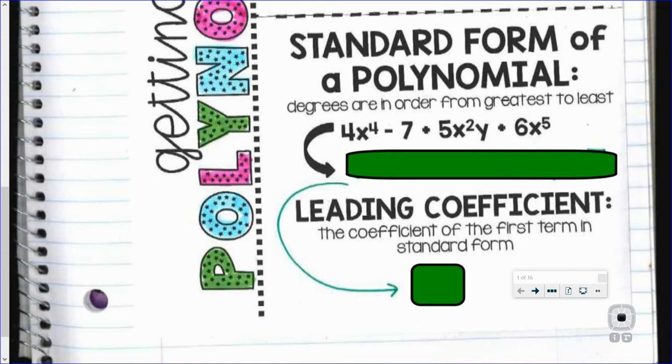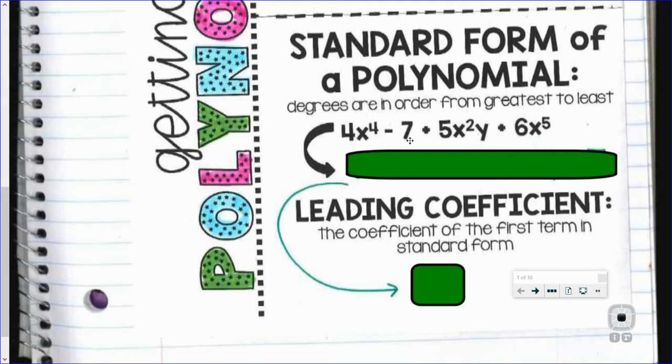To put it in standard form, we're just going to arrange the polynomial in order of degree from the greatest to the least. Notice that I have 4x to the fourth power, that has a degree of 4. This is a little tricky. The number 7.